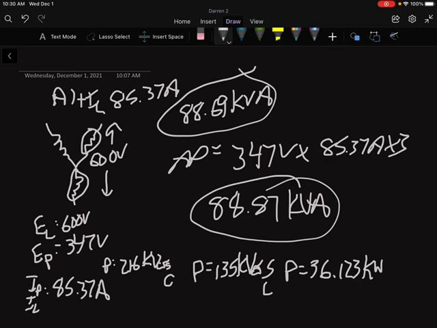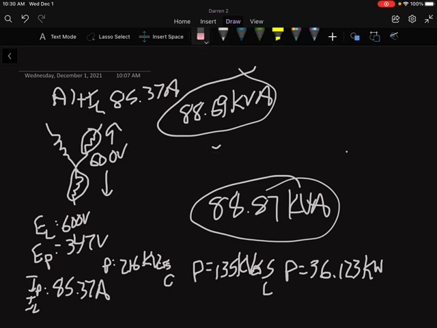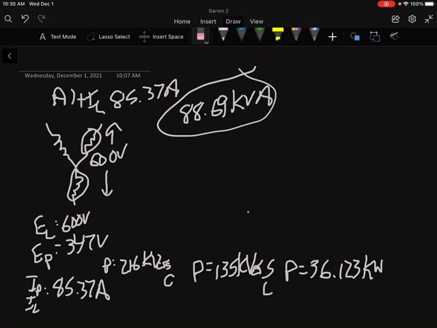So obviously we did that right, and now we are just going to calculate what our power factor is. I'll use the Pythagorean theorem value, and as you know, with power factor, we have true power over apparent power.